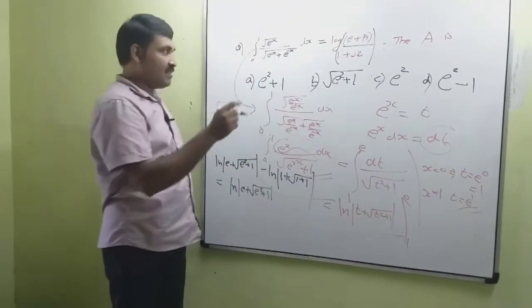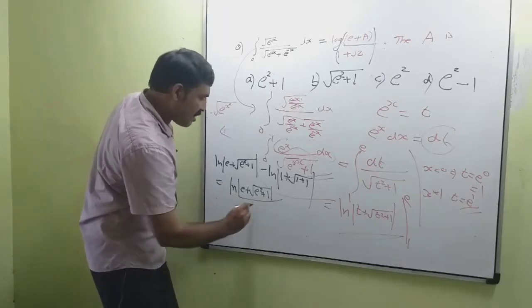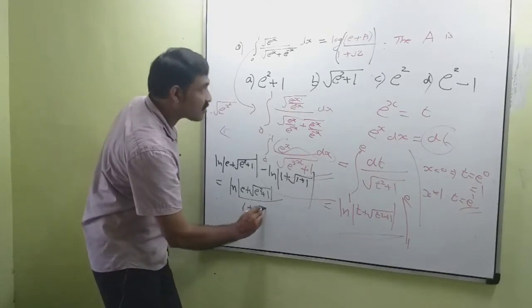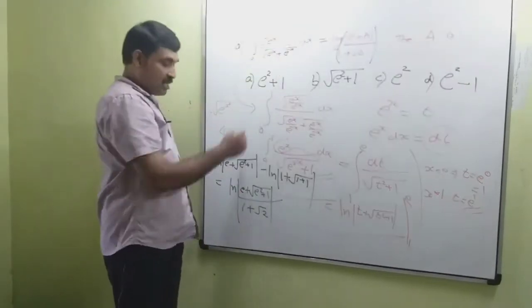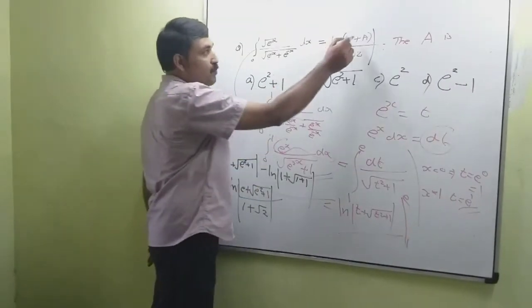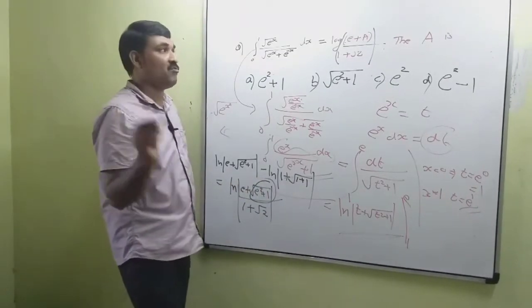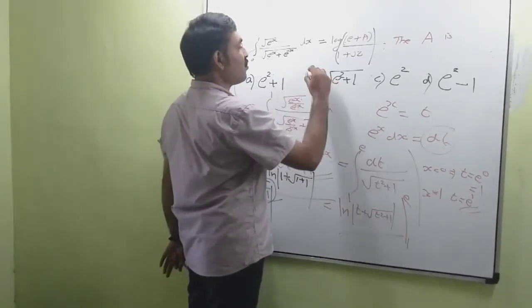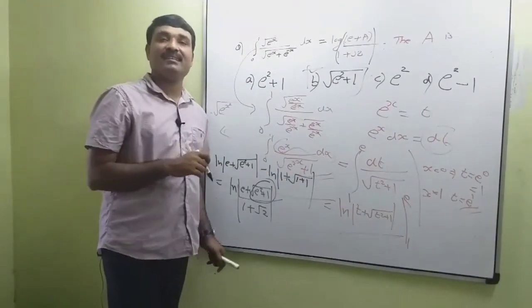So this is equal to this divided by 1 plus root 2. This is modulus. So comparing these two expressions, this is e plus a. So a is root of e square plus 1. So a is square root of e square plus 1. So b is our correct option.